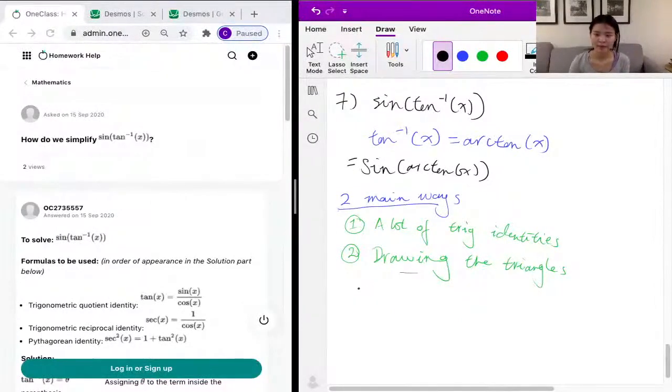Before solving this problem, I just want to give you a note. We know that the arctangent of x is the inverse of the tangent of x. And we also know that sine of x, cosine of x, and tangent of x take in an angle and output a value.